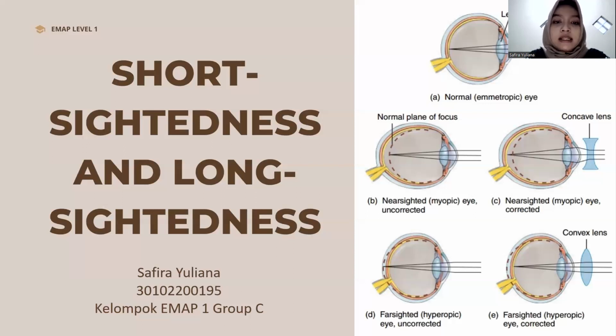The good news is that most people with either short sight or long sight can be treated if they have access to corrective lenses in the form of glasses or contact lenses. It is also possible to correct many refractive errors by laser eye surgery. And this is the next slide.